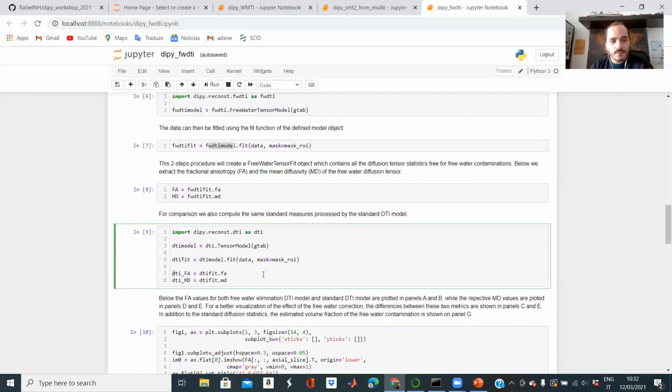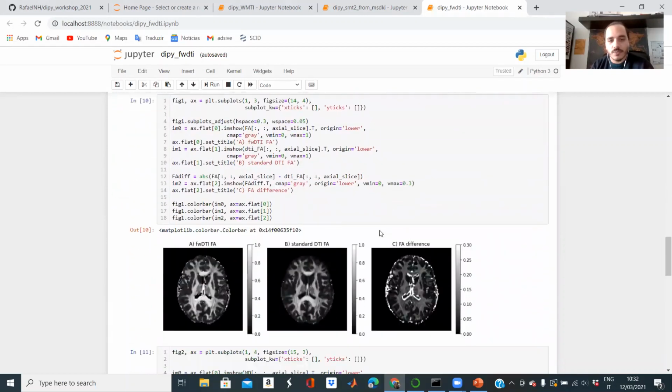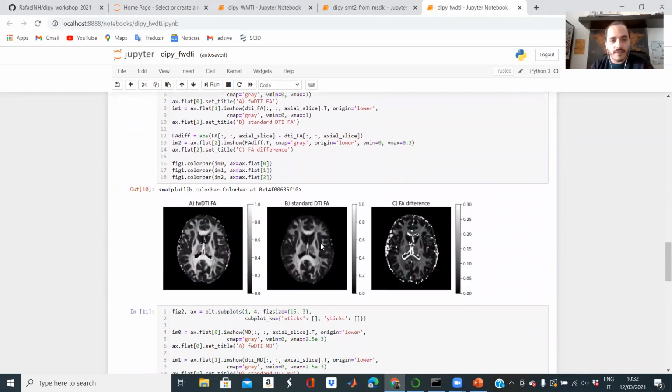Okay. So here I'm comparing the two maps. Here are the FA maps. You can see, particularly if you subtract the standard DTI maps from the free water DTI maps, that the FA estimates are now higher using the free water DTI, because you remove these isotropic components of the free water.